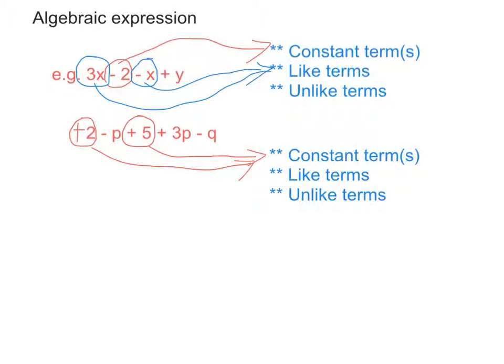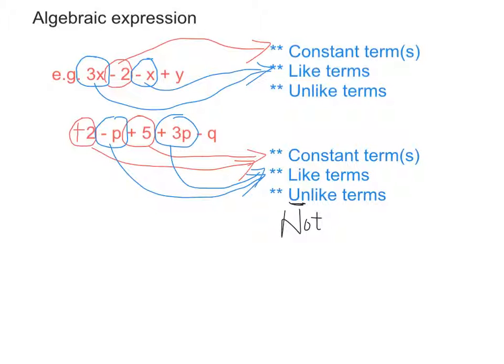For the second example, the negative p and positive 3p together are called like terms. Now, if you get the meaning of like terms, then you should know the meaning of unlike terms. This un means not. It has the opposite meaning of like terms.